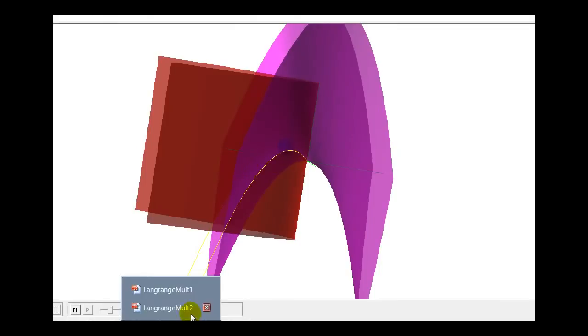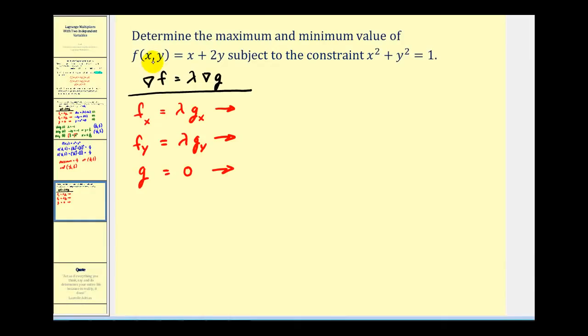Let's take a look at another example that's a little bit more involved. So we're trying to determine the max and min values of this function based upon the given constraint. For this problem, we're going to let g of x, y equal x squared plus y squared minus 1 equal 0. So we'll set the gradient of f equal to lambda times the gradient of g, which will result in these first two equations.